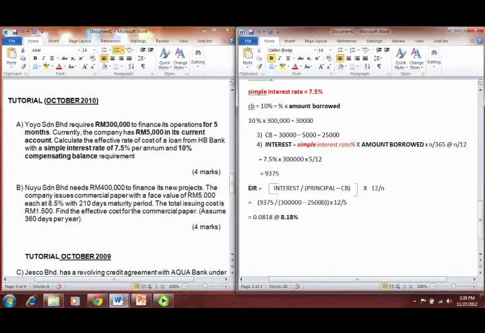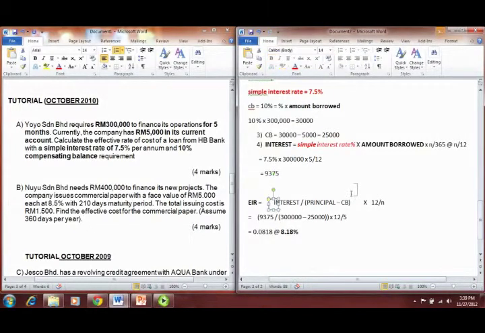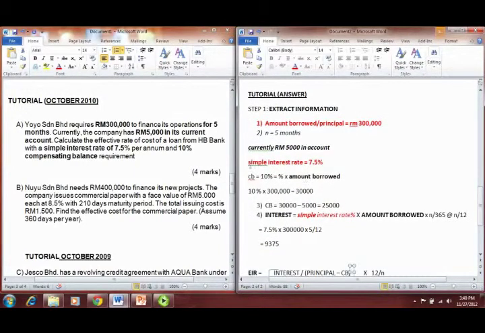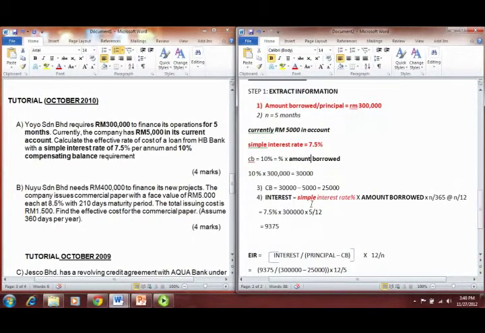Alright, class. Don't forget, I repeat, step 1, you need to extract all your information. Remember, interest cannot be in percentage, CB cannot be in percentage. You need to find your RM.